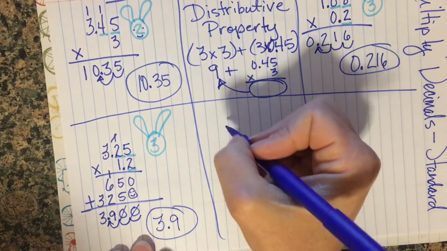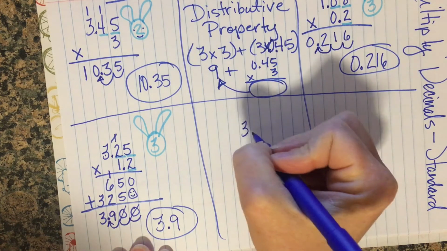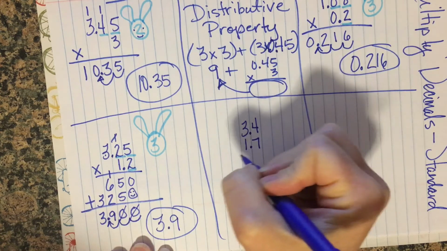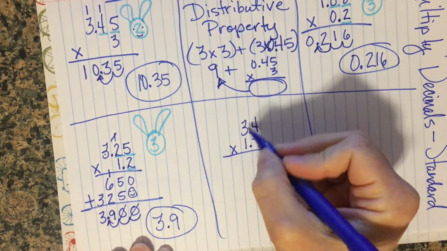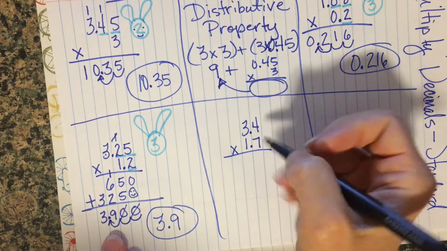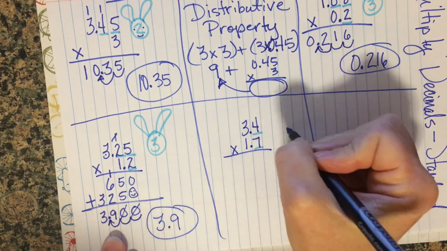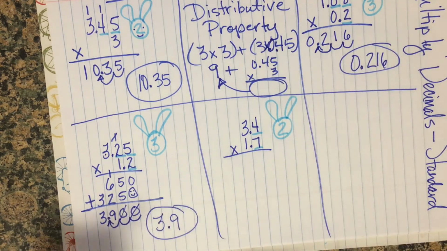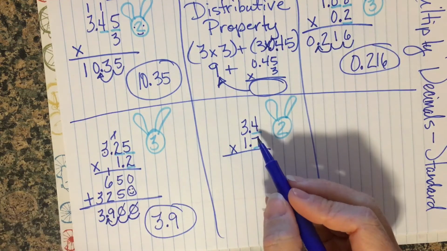On this last example, I'm going to show you. You'll notice that the decimals lined up, but the decimal does not go straight down. I have 2 decimal place value spots, so I'm going to do 2 bunny hops at the very, very end after I get done multiplying.